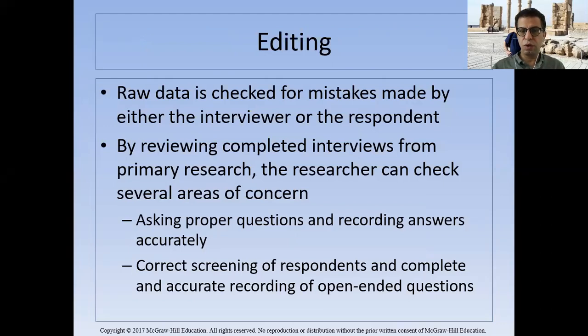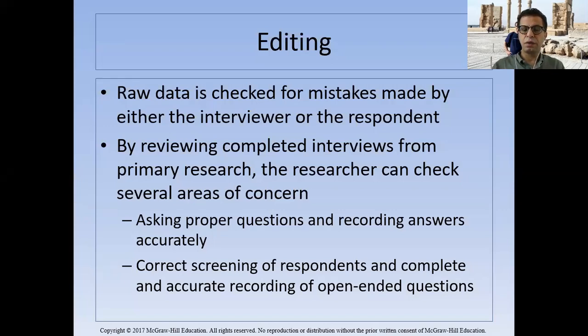Now, when you do editing, you check the raw data for mistakes and errors made by either the interviewer or the respondent. For example, a person may be answering a question, or the interviewer's answer was totally not answering the same question.